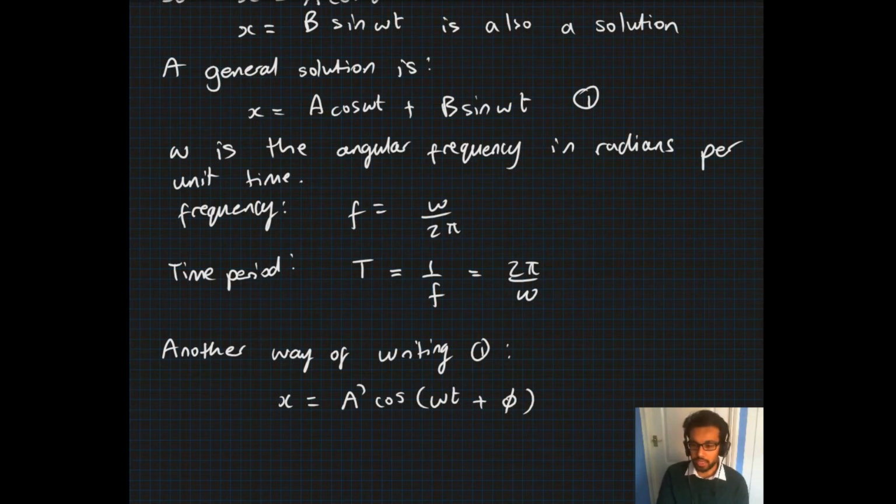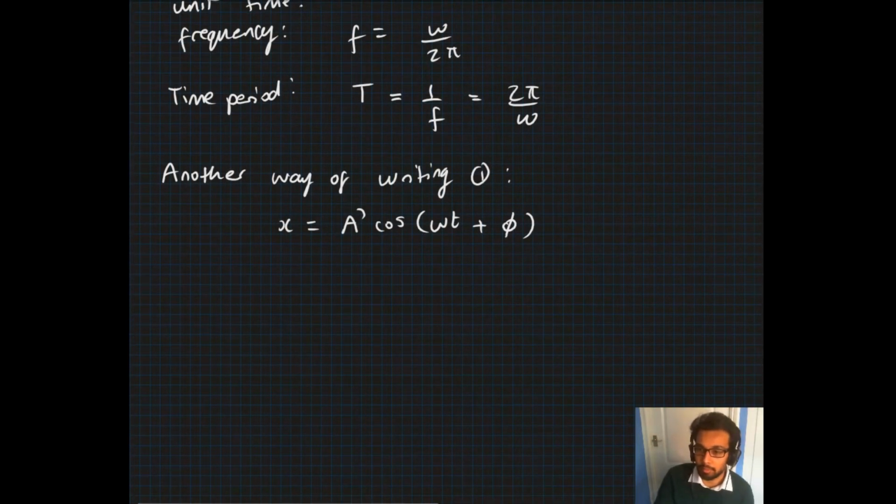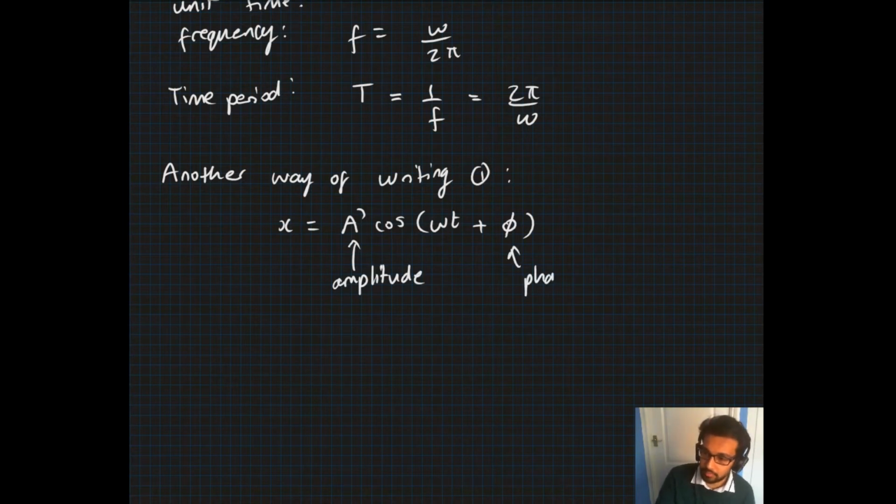So a prime and phi are both constants, just like a and b were, and in this case a prime is called the amplitude, and phi is the phase. Sometimes also called the phase angle, because it's a little bit like an angle because you're putting it into a cosine.